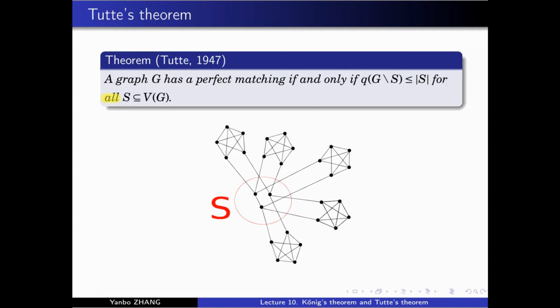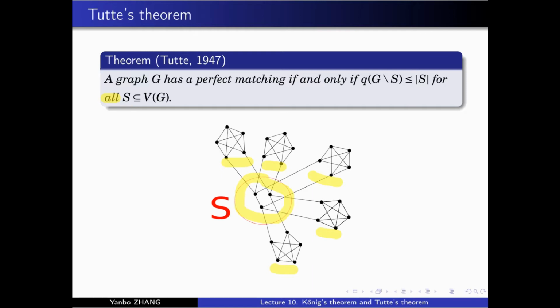Let's take a look at the figure below. If we delete this S, we have 5 odd components left: 1, 2, 3, 4, 5. Every component has 5 vertices.